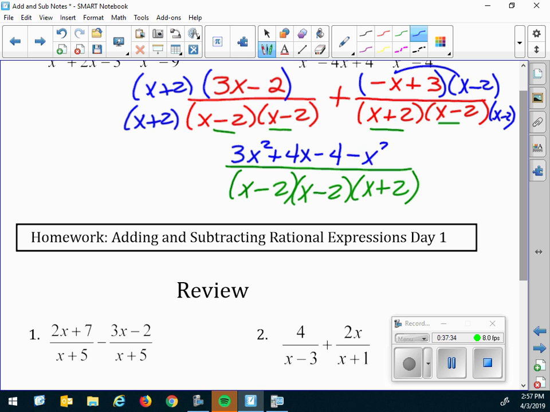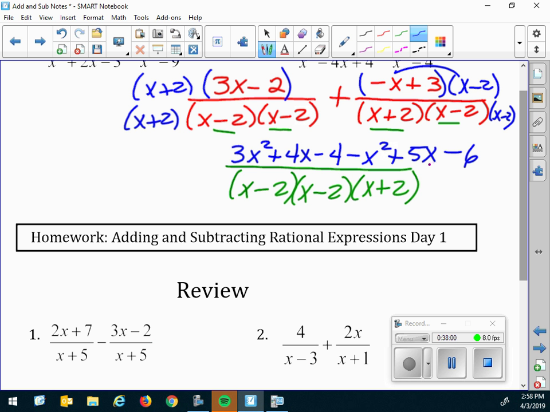Minus x squared. I just think it's so much easier if you have this as a plus. What's this? What's that? Positive or negative? That's a positive 2x plus 3x is? Good. Well done. Now combine like terms and we'll be finished with this sucker.